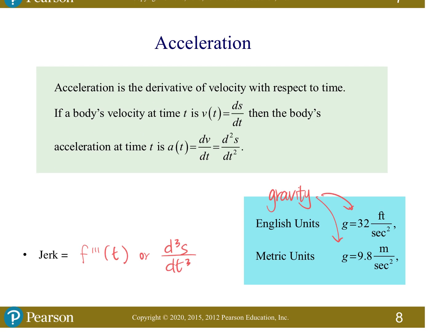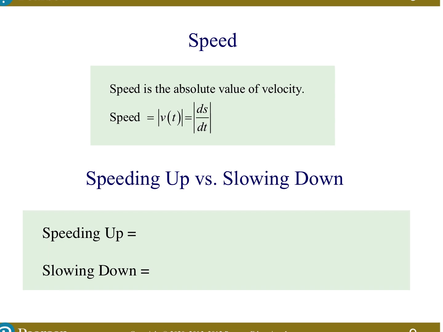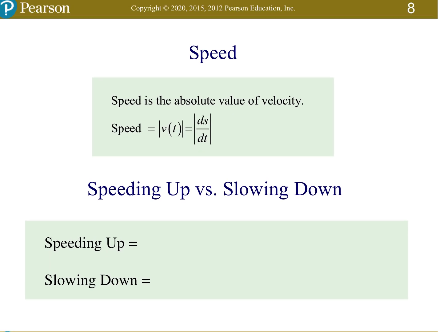All right. Now, in English, we also have the phrase speeding up or slowing down. Again, that's a feeling that you have when you combine the feeling of acceleration and velocity together.